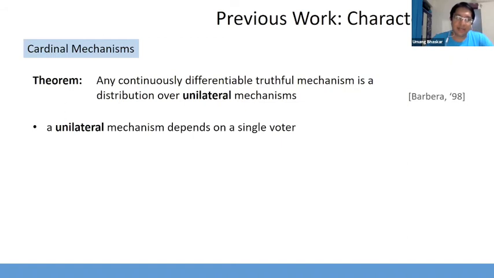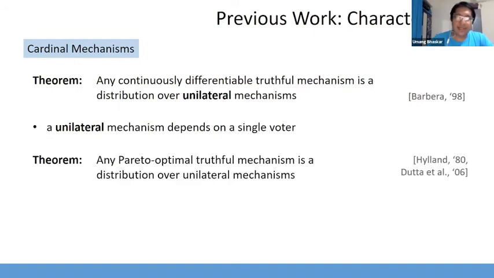It fixes a voter i, and no matter what the other voters do, its output just depends upon what this single voter is doing. And then you can take a distribution over such unilateral mechanisms. It's also known that any Pareto-optimal truthful mechanism is also a distribution over unilateral mechanisms. So if you place these conditions on the mechanism, then we know that it has to be a distribution over unilateral mechanisms.